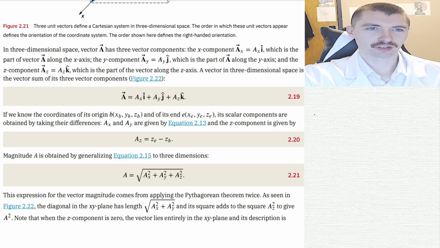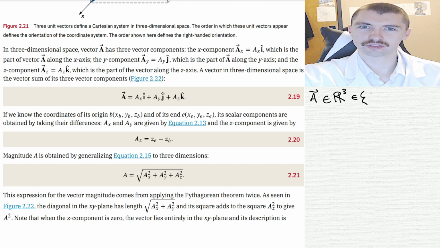Vector A has 3 vector components. Okay, so vector A is an element of R3 space, and consists of an AX, AY, AZ.